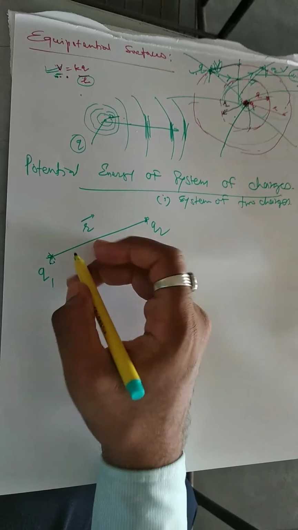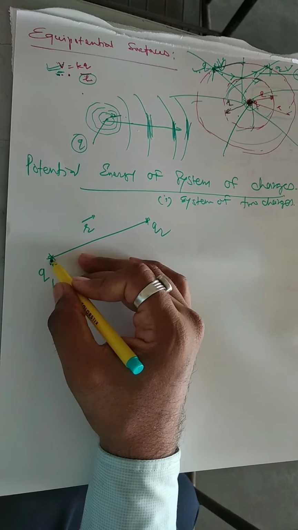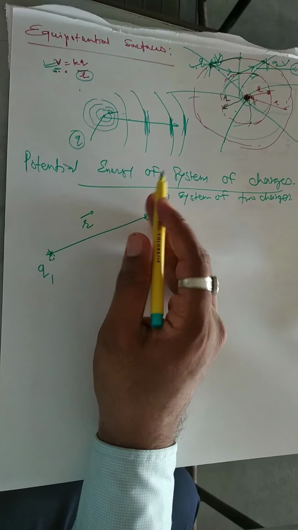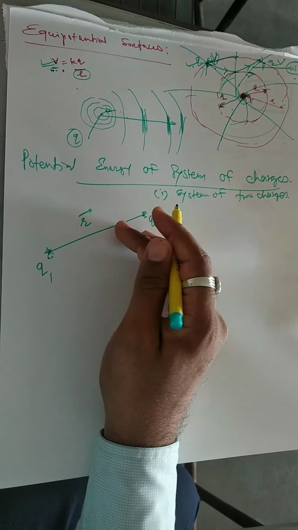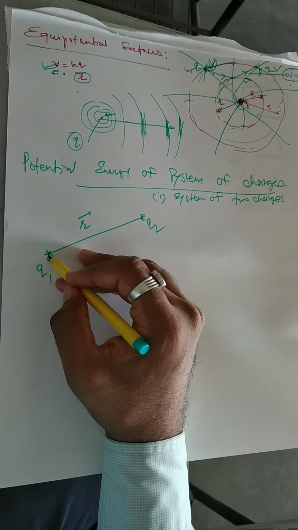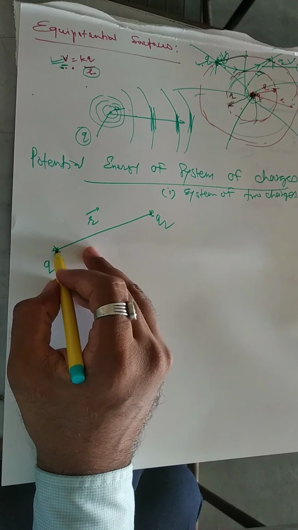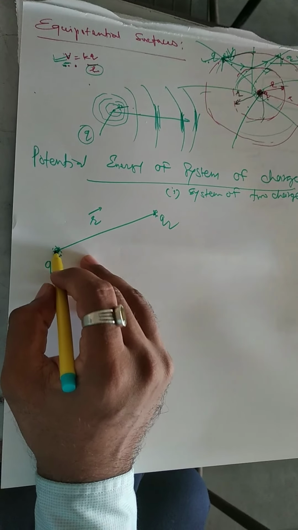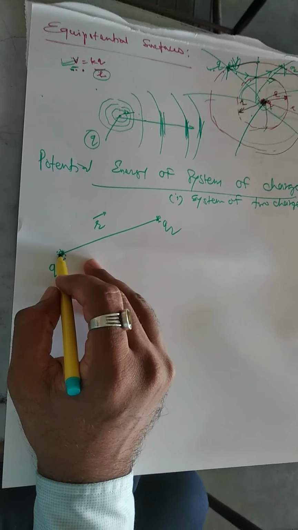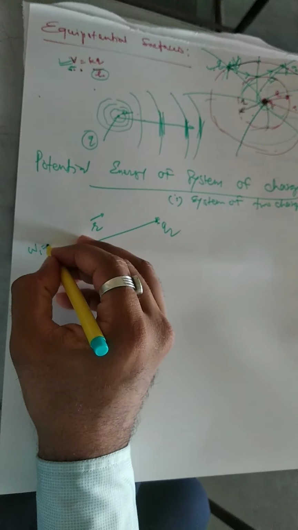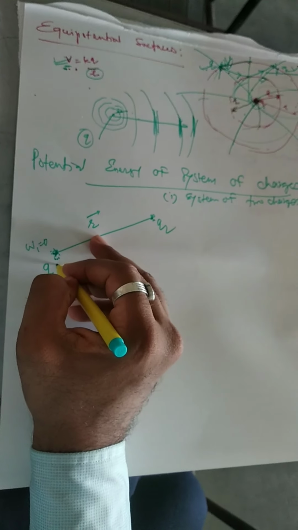Okay, so suppose the charges q1 and q2 are both at infinity initially. Now initially this charge q1 is brought from infinity to this point in a given electric field. At this point the charge is q1. And we just assume that no work is done to bring the charge from infinity to this point.